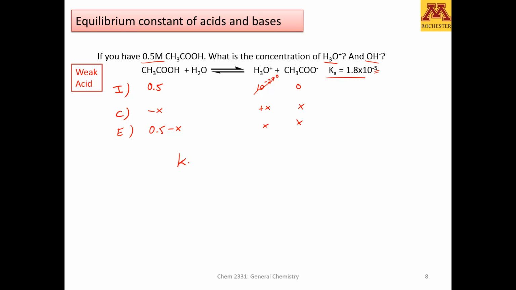The Ka expression is the concentration of H3O plus times the concentration of acetate over the concentration of acetic acid. Or in terms of x, you have x times x over 0.5 minus x, and this is equal to 1.5 times 10 to the negative 5. That's the Ka.